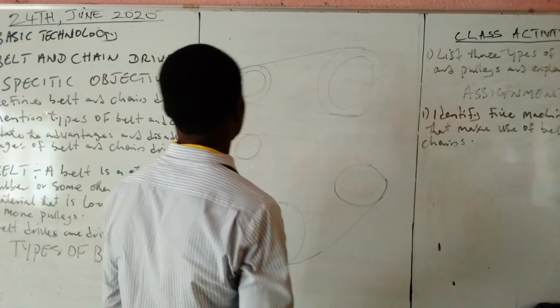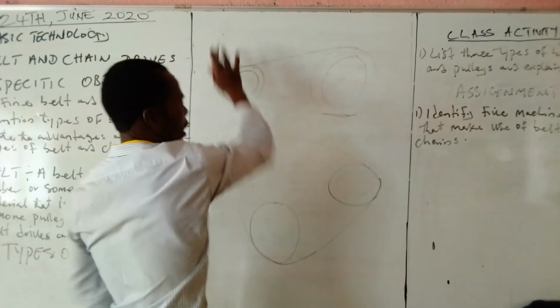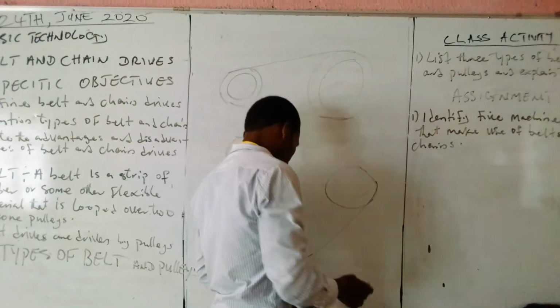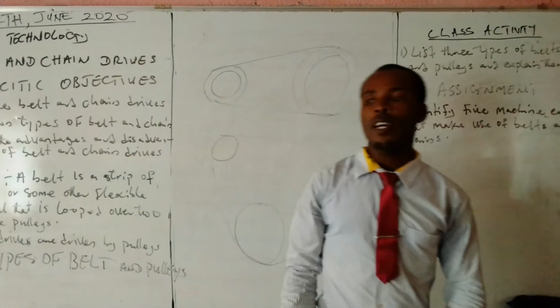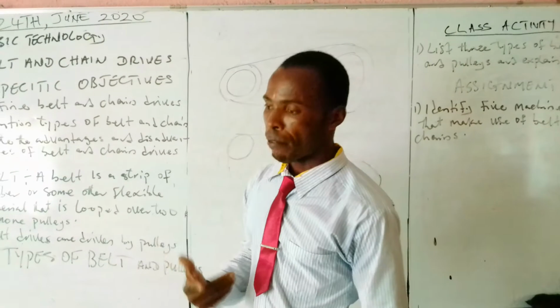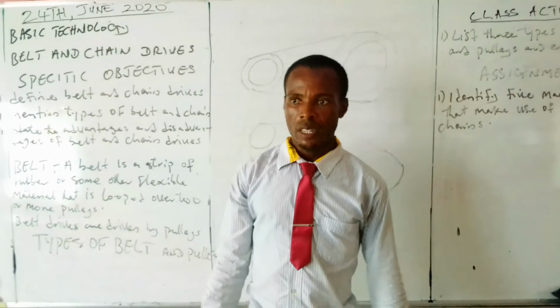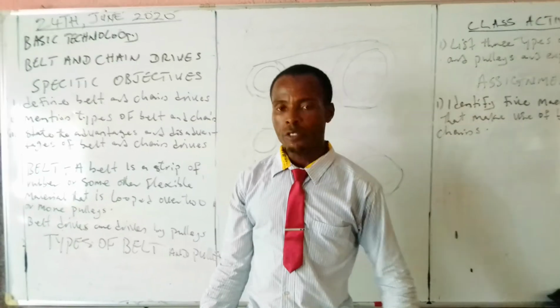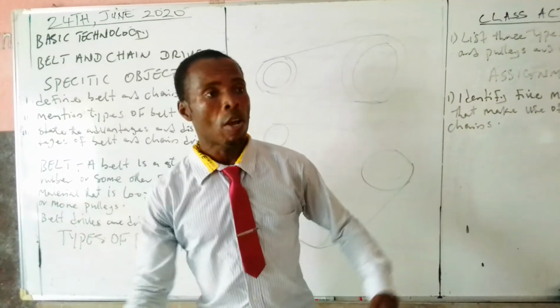Alright, let's go to advantages of belt. We have the advantages of belt and the disadvantages of belt. Number one advantage of belt is that it's inexpensive, affordable, and easy to design. You can easily design it, produce it, and also maintain it.